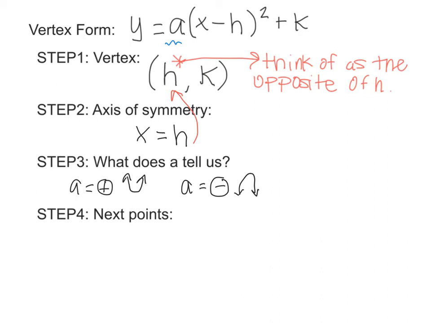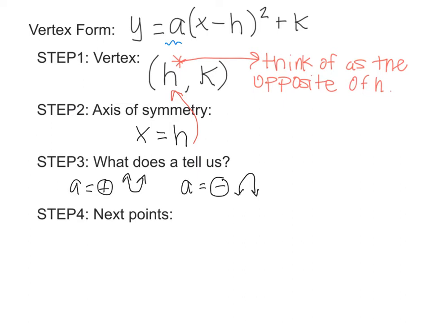Okay, now to the one part that will determine what our graph really looks like. Having the axis of symmetry and the vertex is perfect, we need that, but we don't have a really good picture of what this graph is supposed to look like. So we're going to look at our next points, and remember, this is still a parabola, so it is still symmetrical about the axis of symmetry.